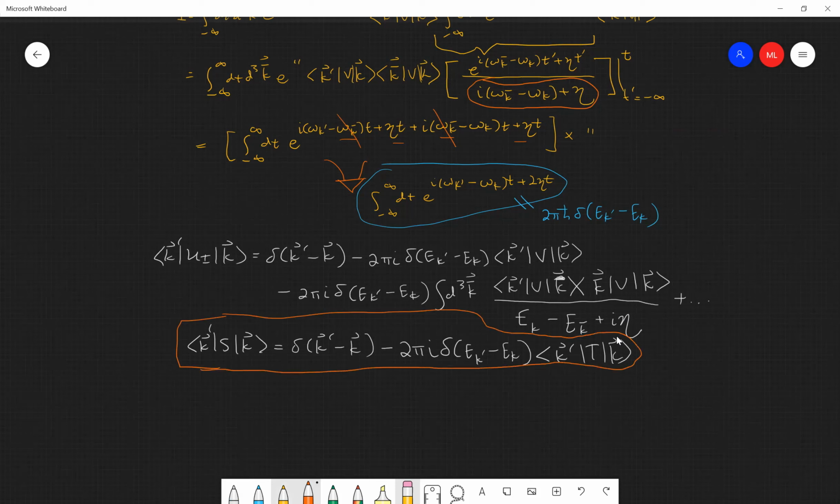It tells you that the S matrix really is related to the Born series. So yeah. Any questions about that?